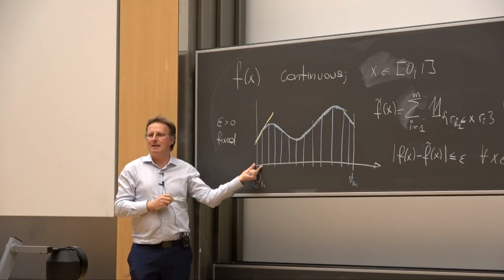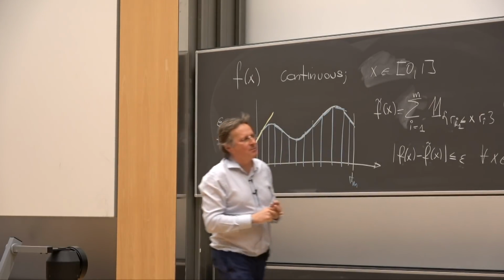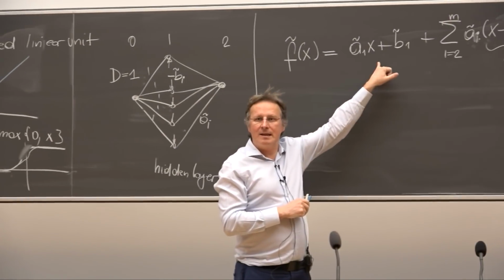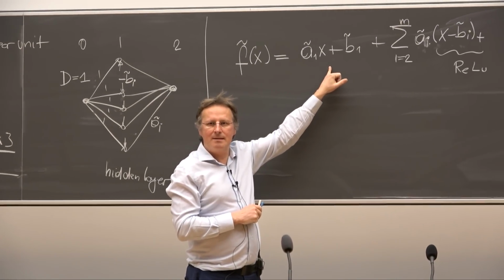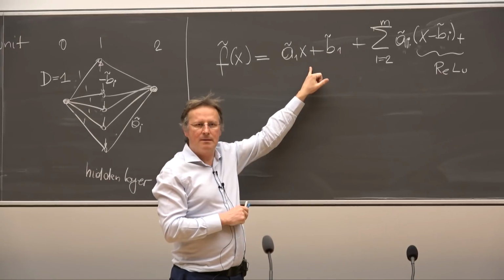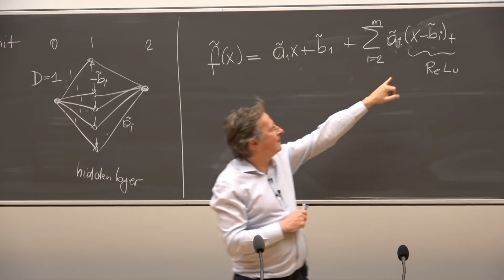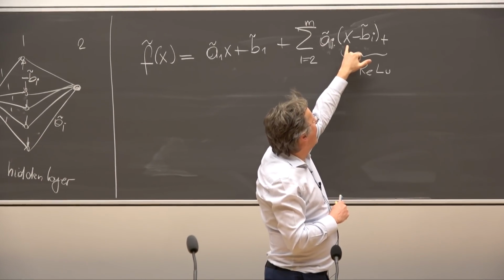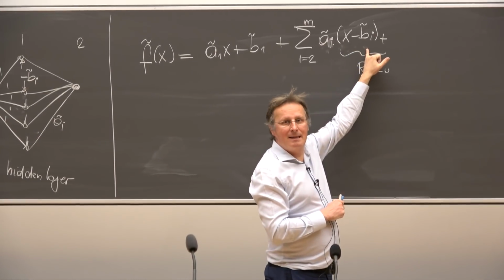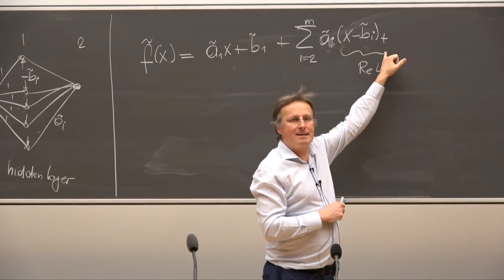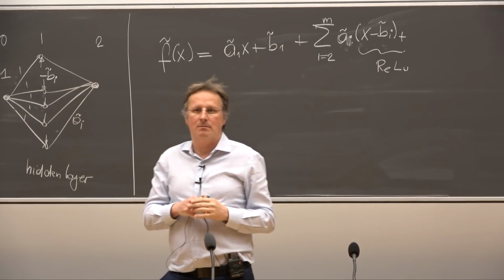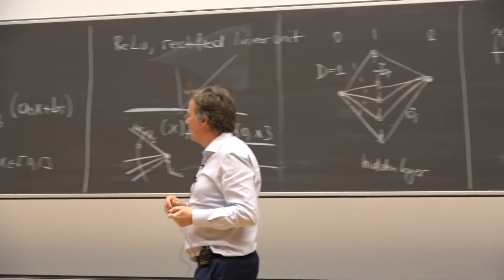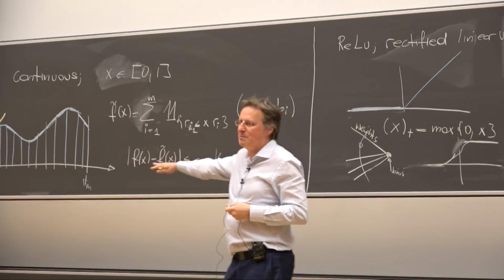That's the representation, and this corresponds to this term here. So this term is supposed to represent that first part. When the x is smaller than bi tilde, since I have a plus, this will vanish. So what do you think the bi tildes will be with respect to the parameters that you have in this picture?